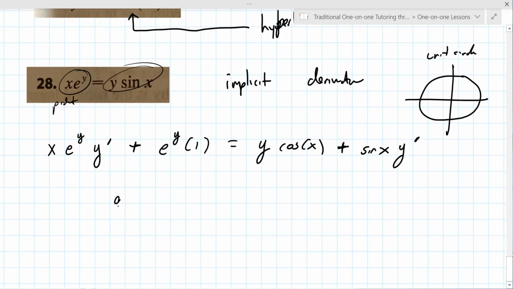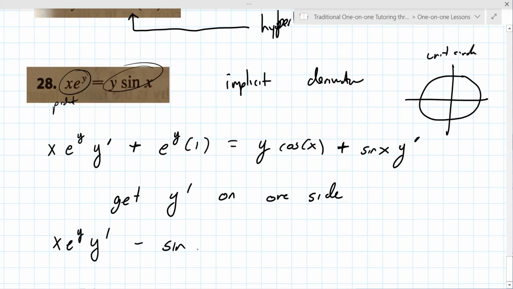Now you want to get y prime on one side. I'm artificially choosing to move everything with y prime to the left and everything else to the right. So this is x e to the y y prime minus sine x y prime equals y cosine x minus e to the y.